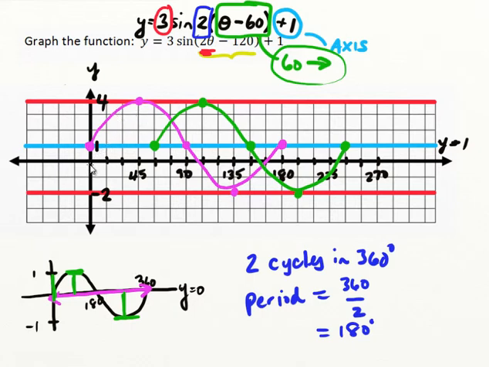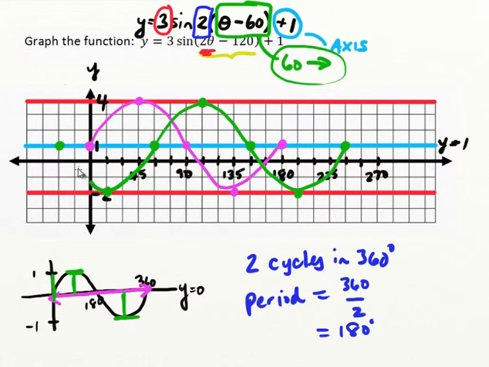So 0 is back here, and we can see that it went 1, 2, 3 squares to its next key point. So I would go 1, 2, 3 squares, and that means it would be down here at a minimum. And then 1, 2, 3 squares, it would be back up here at a 0. I'm just going to draw a smooth curve from there down and then to there.